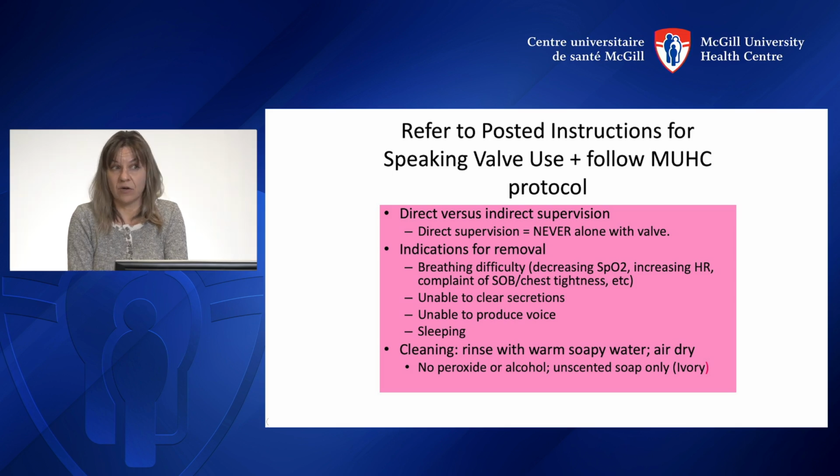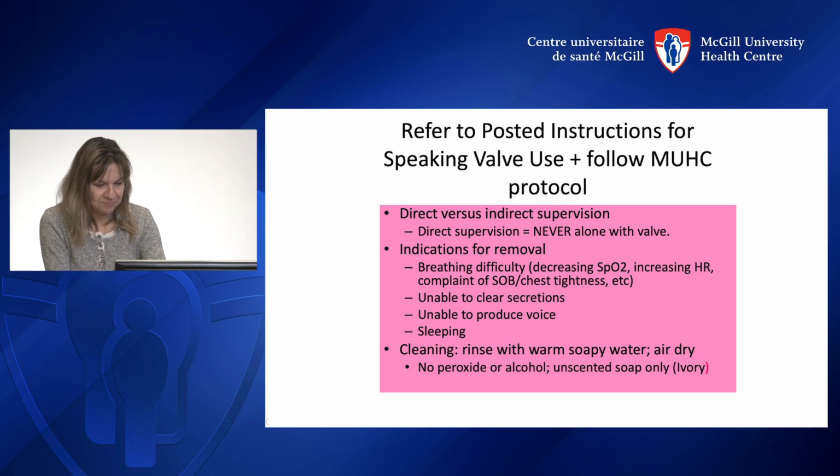If suddenly they are not able to produce voice, and I indicate suddenly because some patients we will use the speaking valve even though they are not speaking, but we will use it for pulmonary toileting and for the other benefits of the valve, which are respiratory, rather than just for speaking. And then we always recommend that the speaking valve is removed when a patient is sleeping.